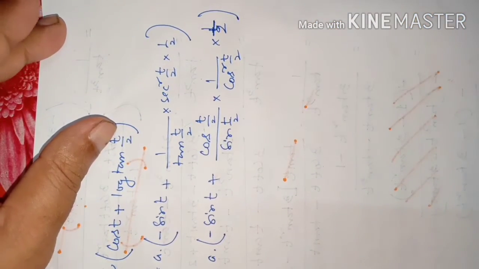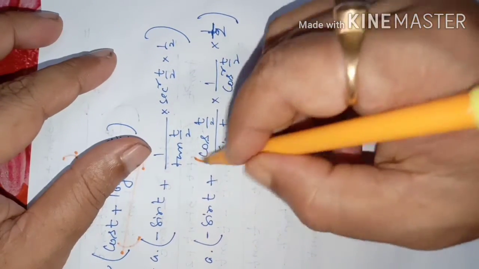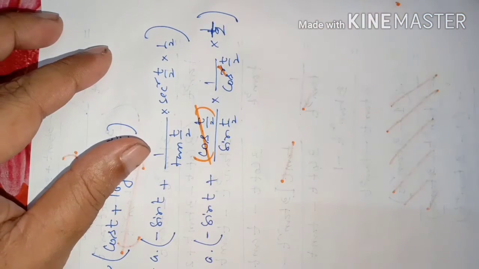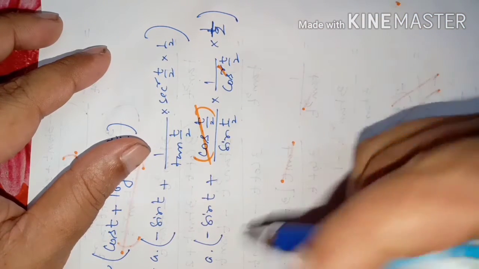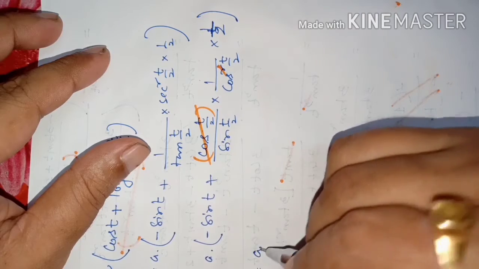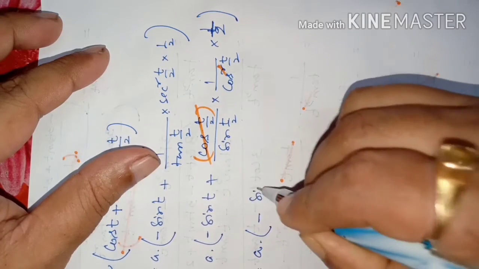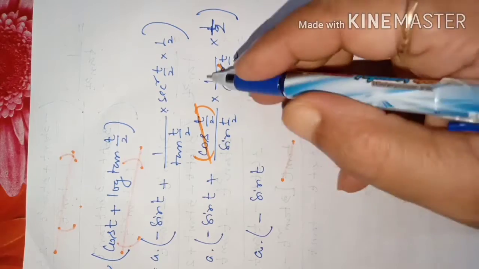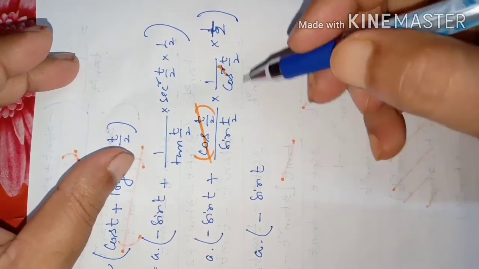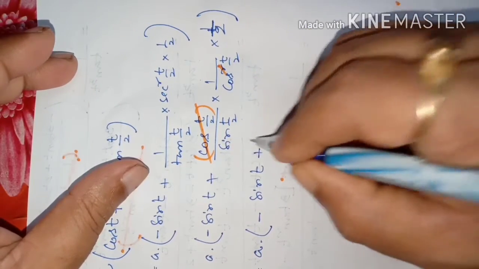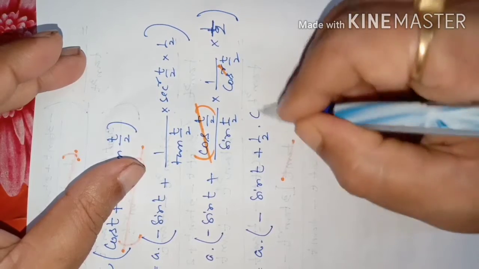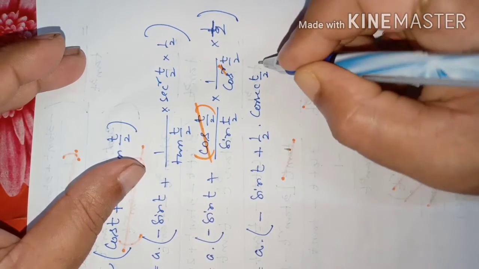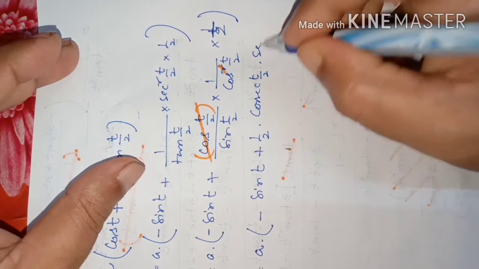Okay, now we can cancel this cos t by 2 with one of this cos t by 2. Then the final thing will have, that is a into minus sin t, then 1 by sin t is cosec t, and 1 by cos t by 2 is sec t. So plus half into cosec t by 2 into sec t by 2.